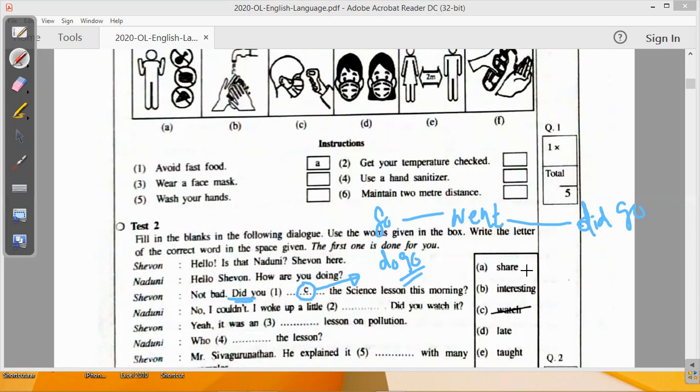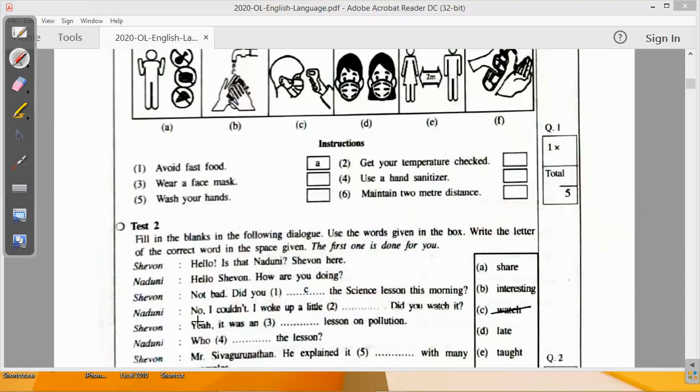Okay, share is not a verb. Interesting, no, it's not. Late, thought is not a stem of a verb. Thought is a past or past participle of think, as you know. So, well, the very first question is anyway done for you. You don't have to worry about that, but just in case you're asked to do something like that, that's how you tackle the question.